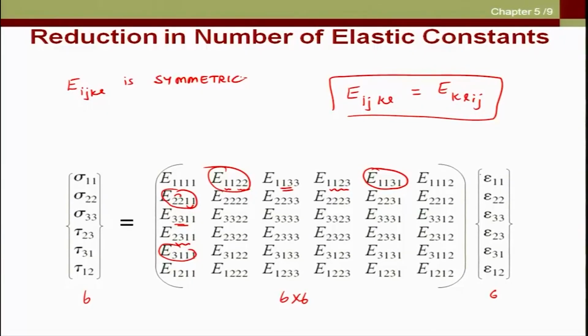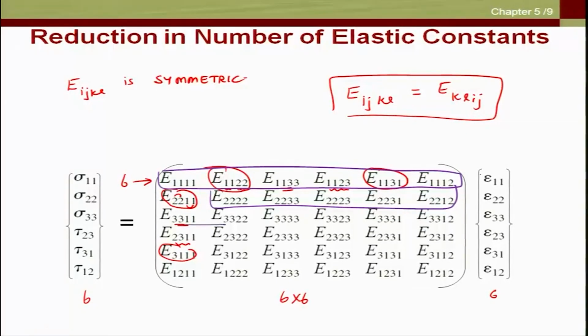So, what does that mean? The total number of constants which are unique now, earlier it was 36, but now it will be 6 from here. What will be the unique terms? These are the 6 terms from here. The first term is repeated, so 5 terms from here.